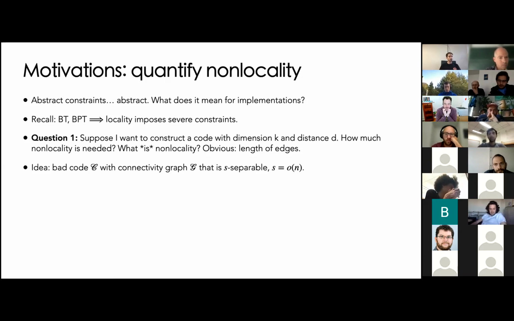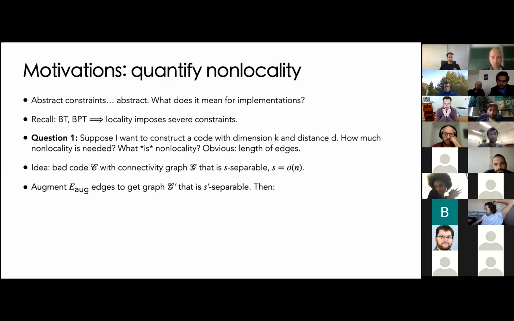It's a very local code, and it has some connectivity graph G. It is S separable, where S scales as little o of n, so it's n to the C for some C less than 1. Is there some way for me to convert this mostly local code into a good code by adding a constant number of non-local edges? I'd like to add only a very limited amount of long-range connectivity. Is there some way to promote this code to a good code?